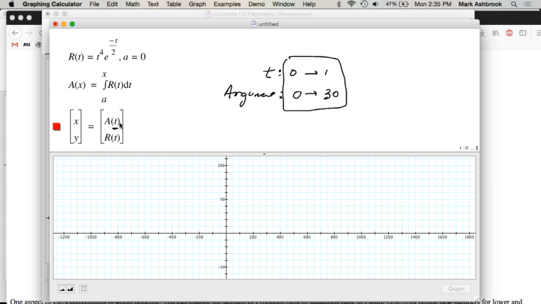How can I change the argument so that as t varies from 0 to 1, the argument will vary from 0 to 30? 30t. So I can just come in here and do 30t. And this way, if I'm graphing more than one thing parametrically at once, we can just adjust all our functions so that they work for t equals 0 to 1.